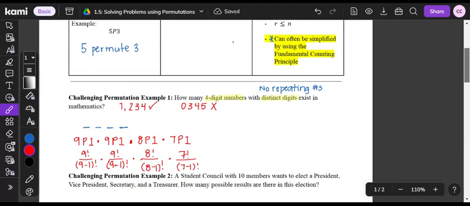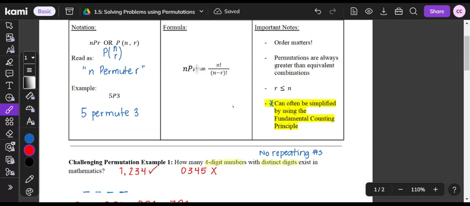Okay, I'm just using the formula up here. Remember where the first number is my n, and the second number, how many I choose, that's my r.